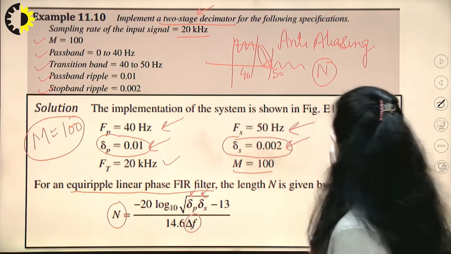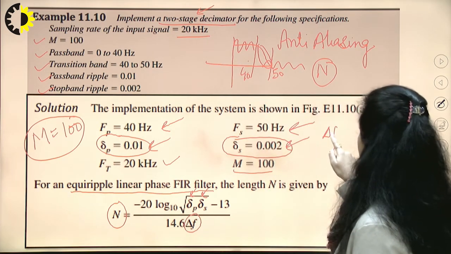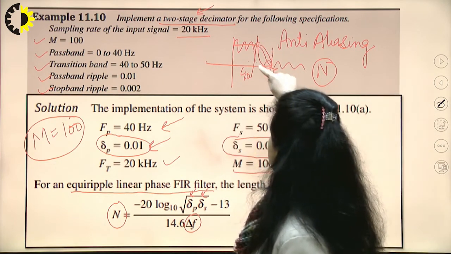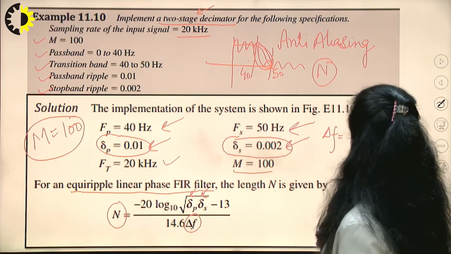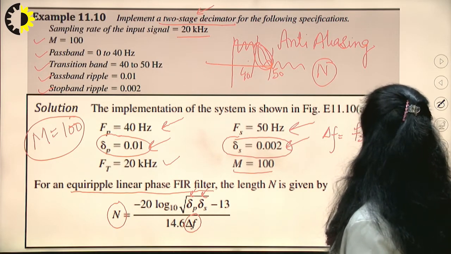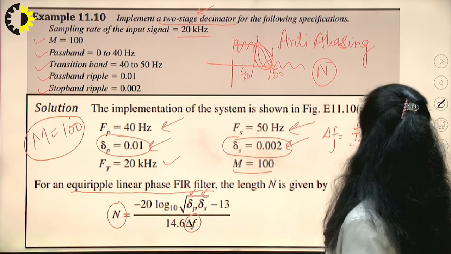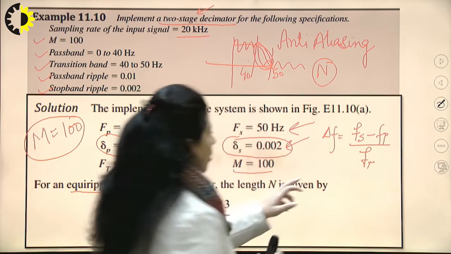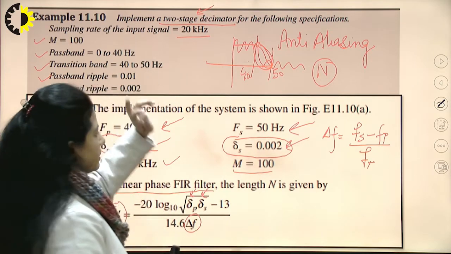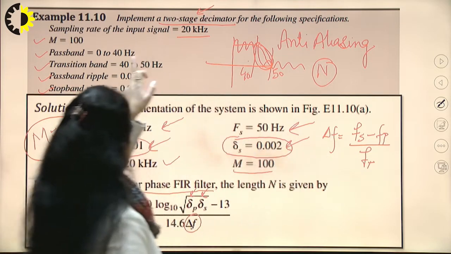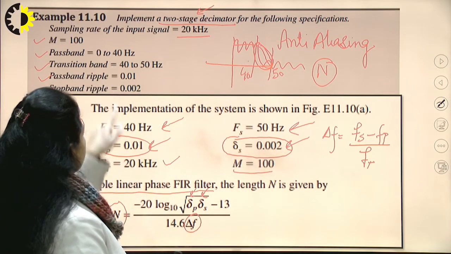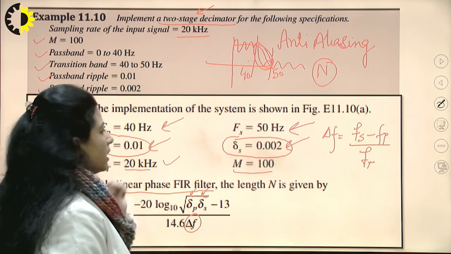Delta f is the normalized frequency of this particular transition band, that is, stop band edge frequency minus pass band edge frequency divided by the total bandwidth. So here the stop band frequency is given as 50 Hz, the pass band frequency is 40 Hz, and the total width of frequency being input here is 20 kilohertz.